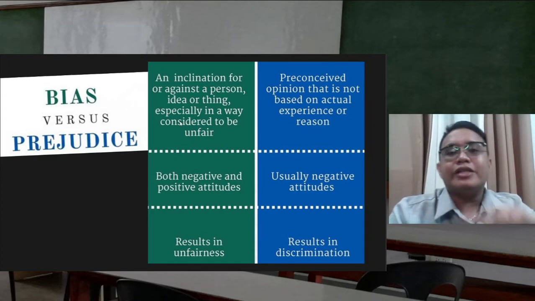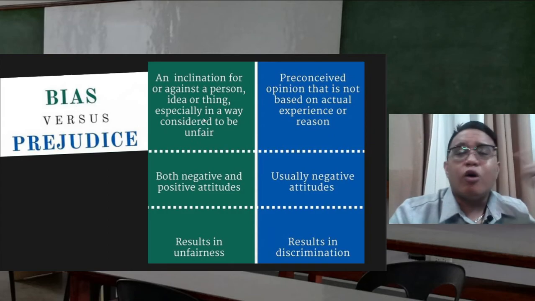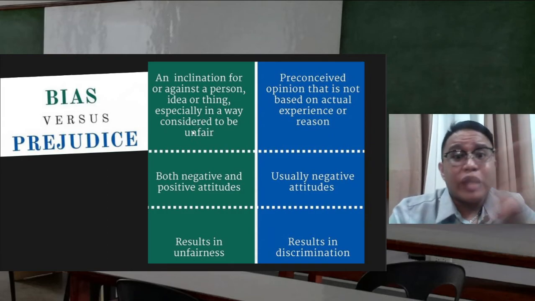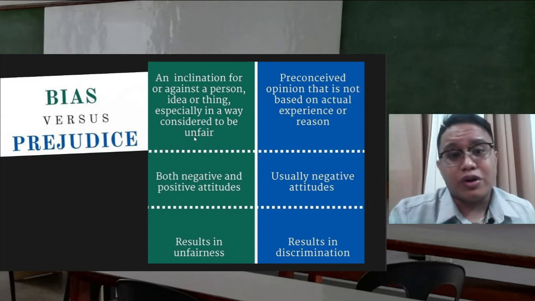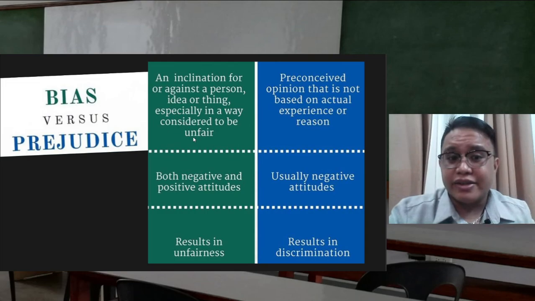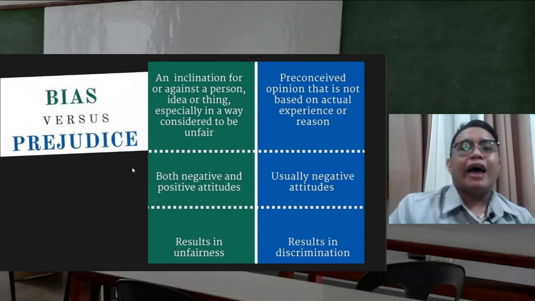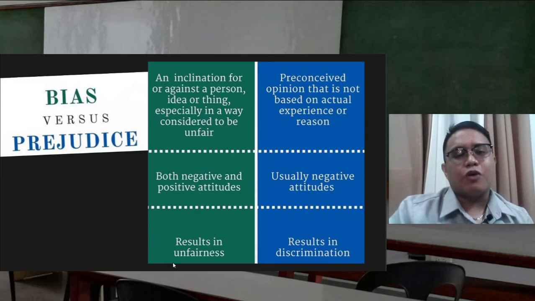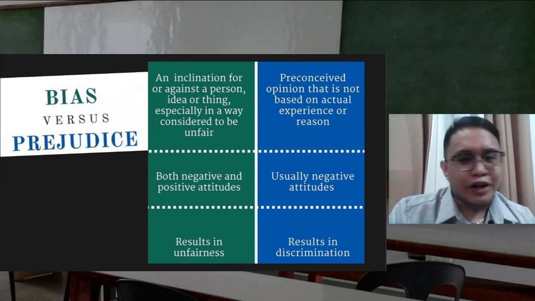While prejudice is a preconceived notion or opinion, an idea not based on actual experience or reason, with no actual backing or evidence. Bias has both negative and positive attitudes. Let's say for example, I make a statement where I feature Vice President Leni Robredo.